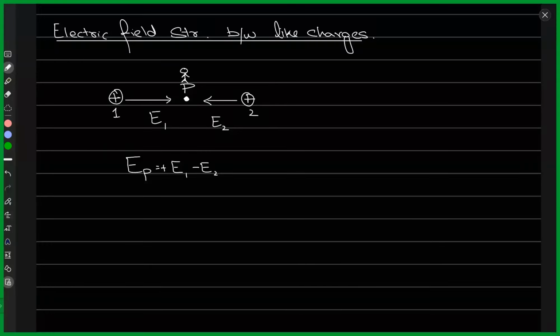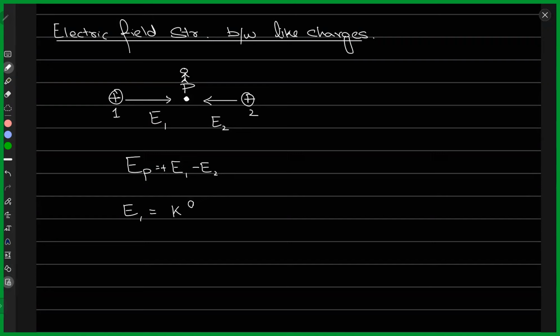Okay, perfect. So now it's just a matter of writing these electric fields explicitly. Let me write them separately and then I'll combine. So what should E1 be? It's coming from a positive charge, so it will be plus, or we'll just ignore the sign.